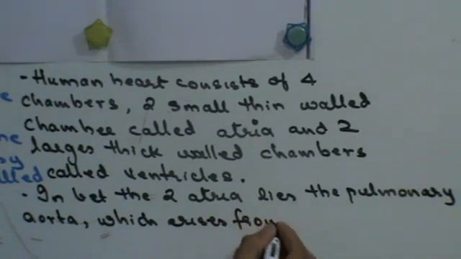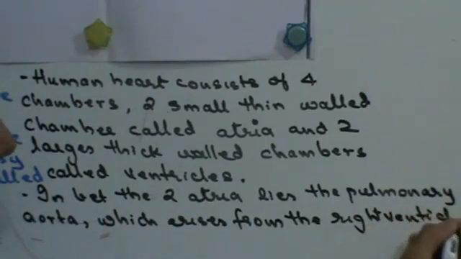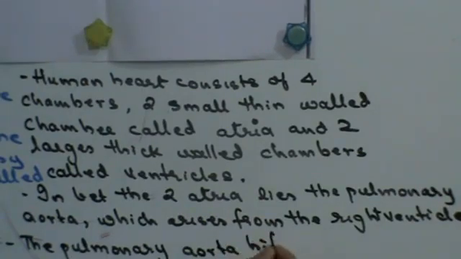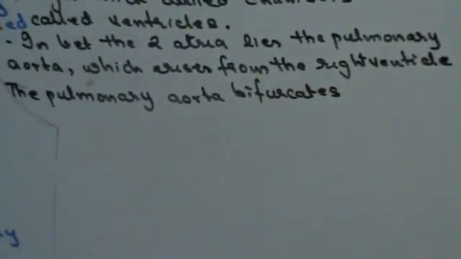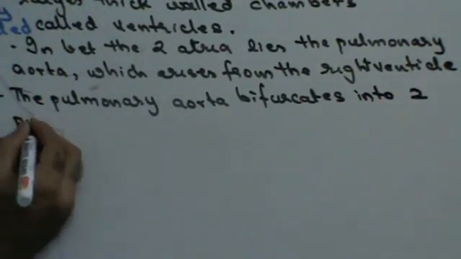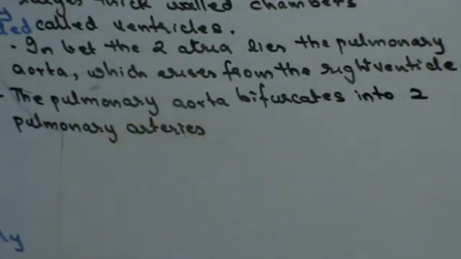Fine. The pulmonary aorta bifurcates into two pulmonary arteries to carry deoxygenated blood.